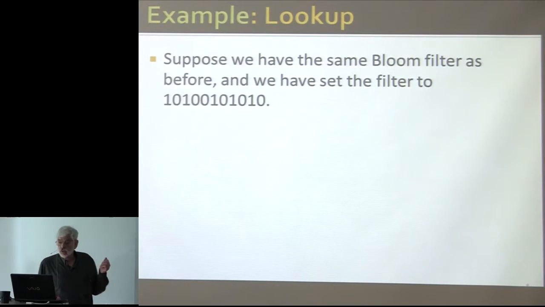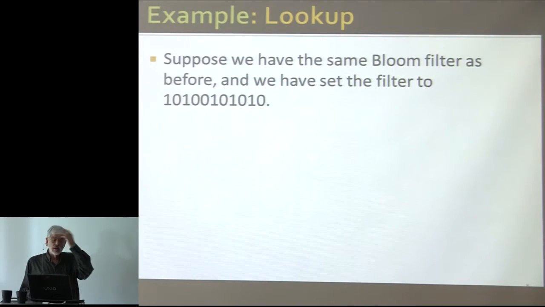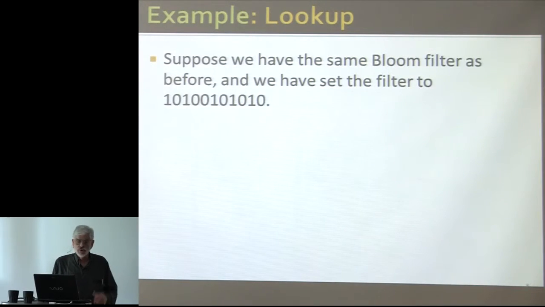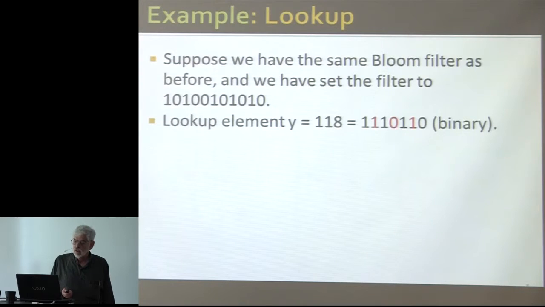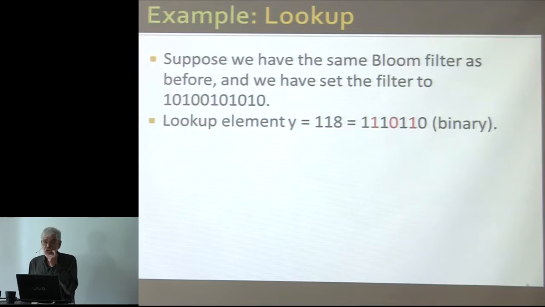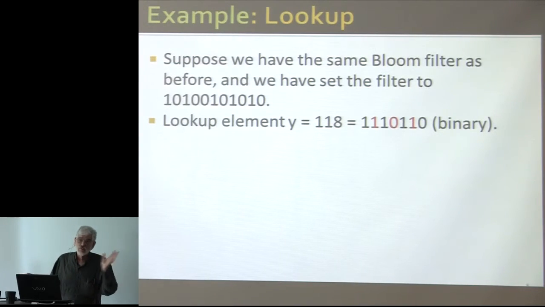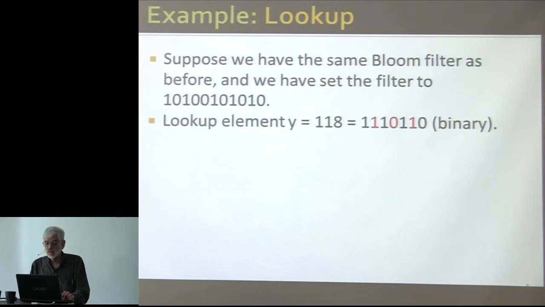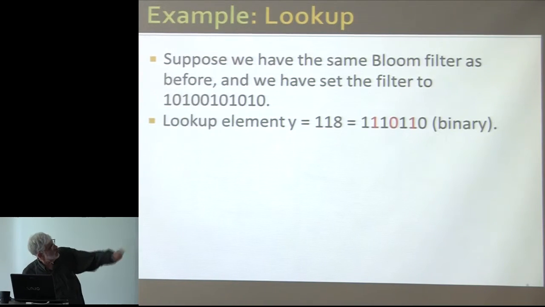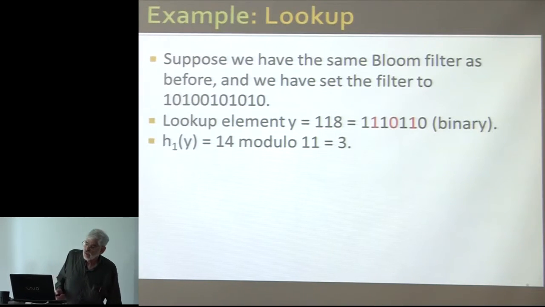So here's the Bloom filter as I left it after those three inputs came in. And now I want to know, is 118 a member of the set? Obviously it wasn't. If you remember, 118 was not one of the elements that came in. So 118 in binary is 1110 for H1, so that's 14 modulo 11 gives you 3.